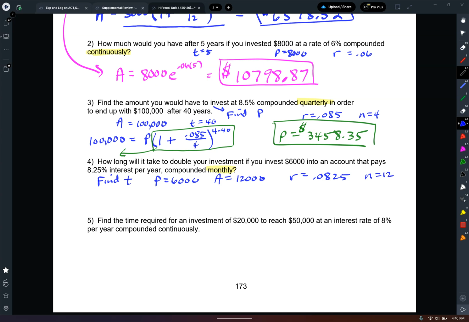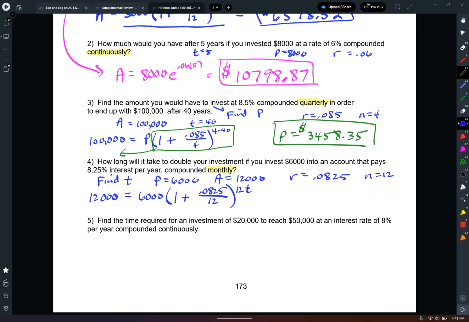All right, so let's set it up. A equals, so 12,000 equals P, 6,000, times parentheses 1 plus R over N, so 0.0825 over 12, raised to the NT. And remember, T is what we don't know. Okay, so here's the thing.